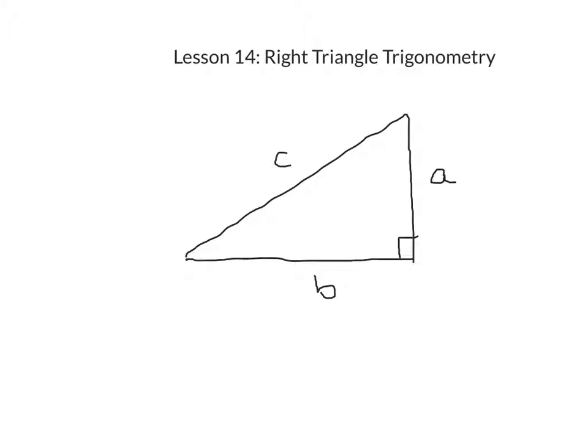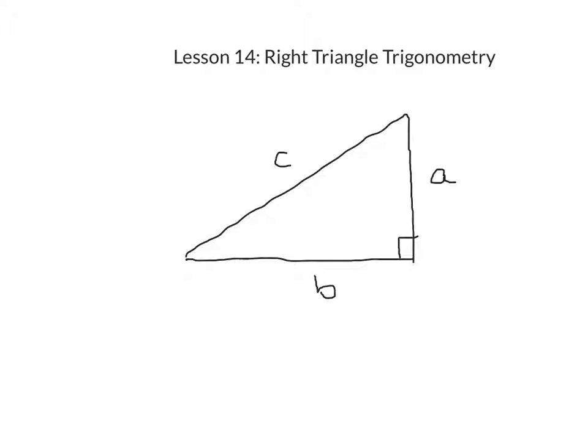Now, all of you should remember that there is one famous theorem dealing with the lengths of the sides of a right triangle, and that is the Pythagorean Theorem. And that basically says that the square of the hypotenuse is equal to the sum of the squares of the other two sides.